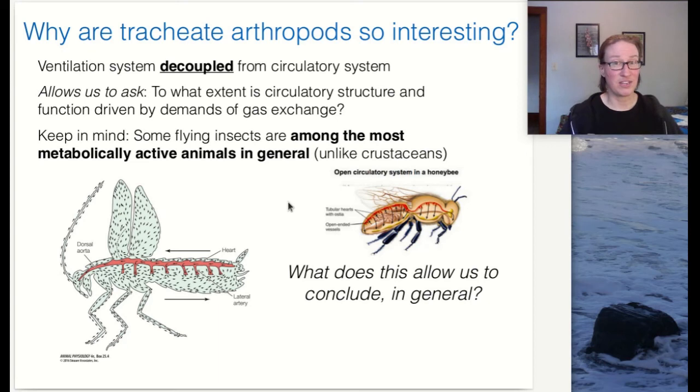So collectively, the big conclusion here is that a lot of what we've seen for circulatory structure and function is a direct product of the demands of gas exchange across animals. And I just think that is an amazing natural experiment that has let us draw that conclusion.